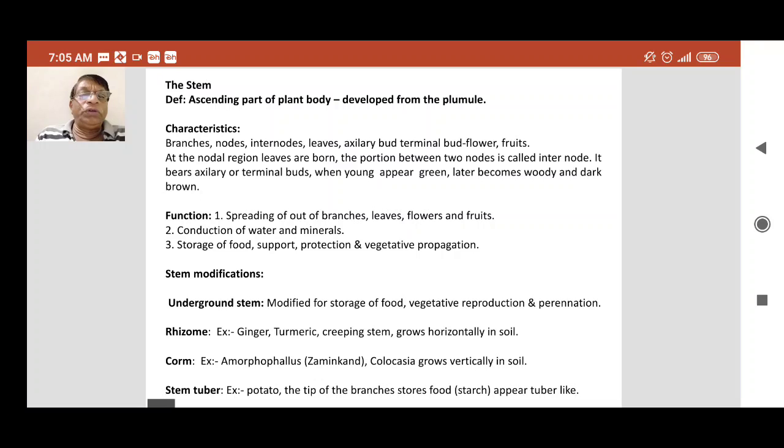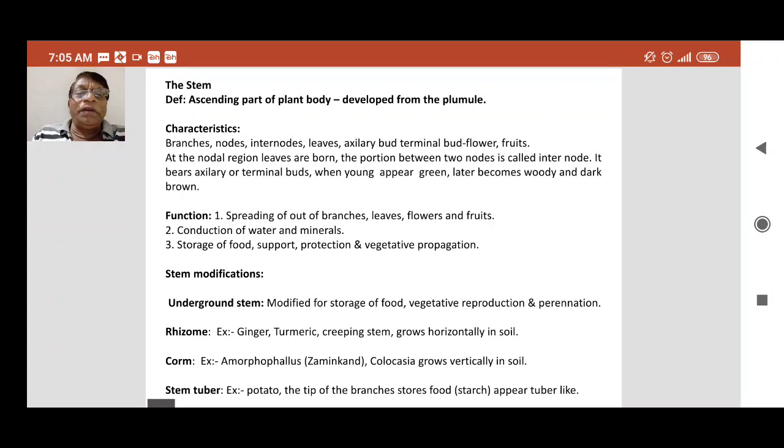The stem also shows terminal bud. So all these are the characteristics of stem.